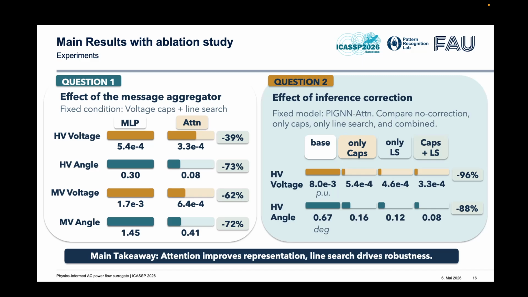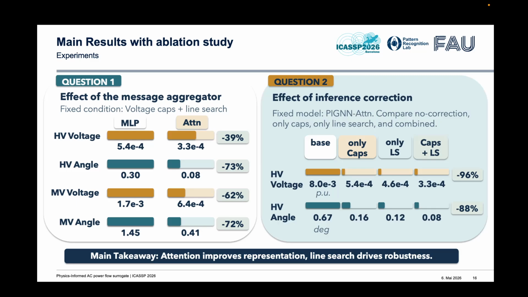So our physics-informed graph neural network achieves 3.3e-4 voltage magnitude RMSE and 0.08 angle RMSE compared to the Newton-Raphson solver, which is 96% lower and 88% lower than the Newton-Raphson solver.